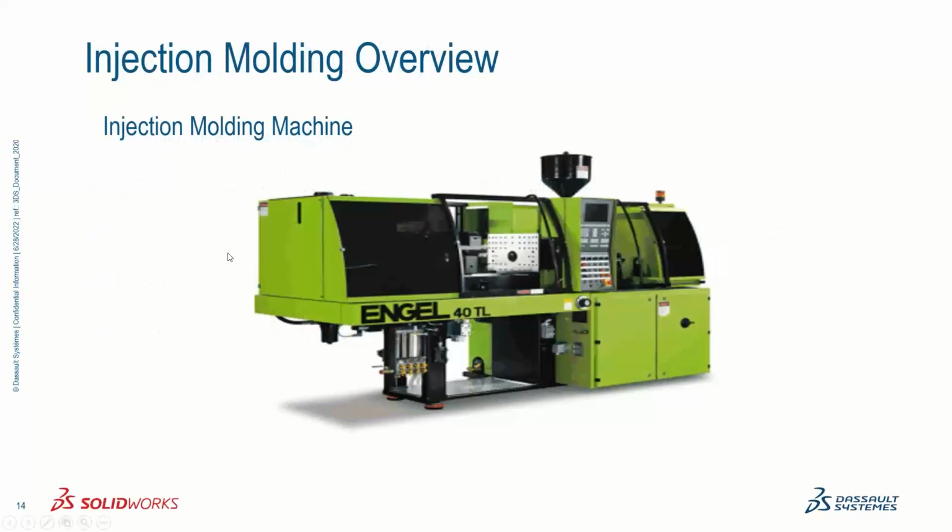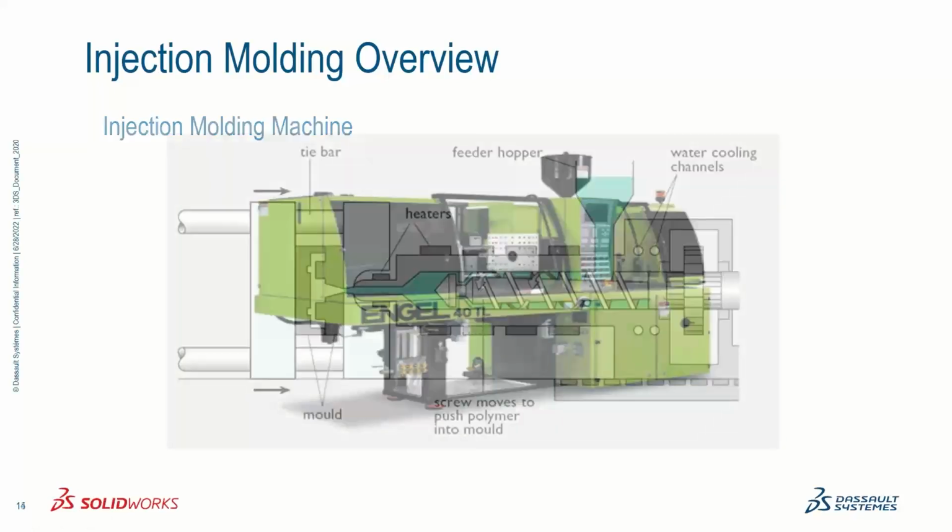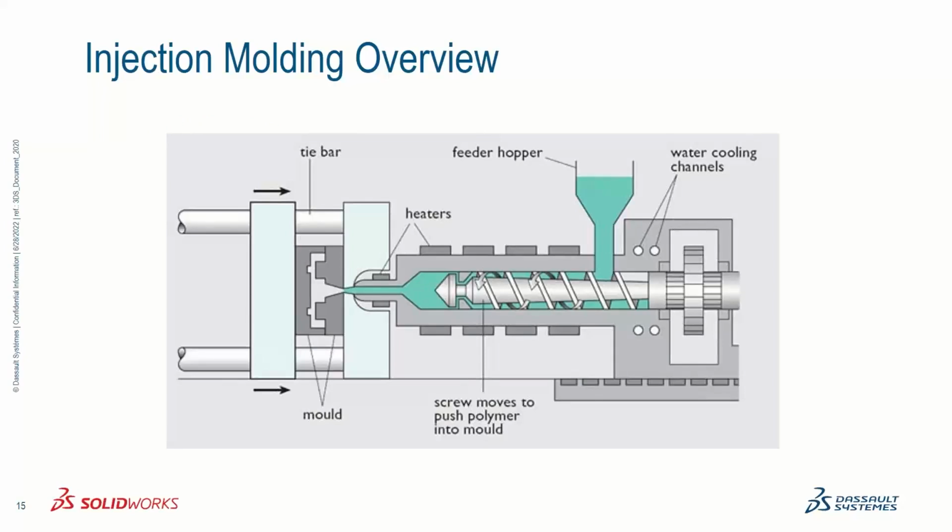If you have never seen an injection molding machine, here's what it looks like. Just to give you a quick overview of the functioning of an injection molding machine, think of it as two basic components. There's the injection unit on the right-hand side and the mold clamping unit on the left-hand side.